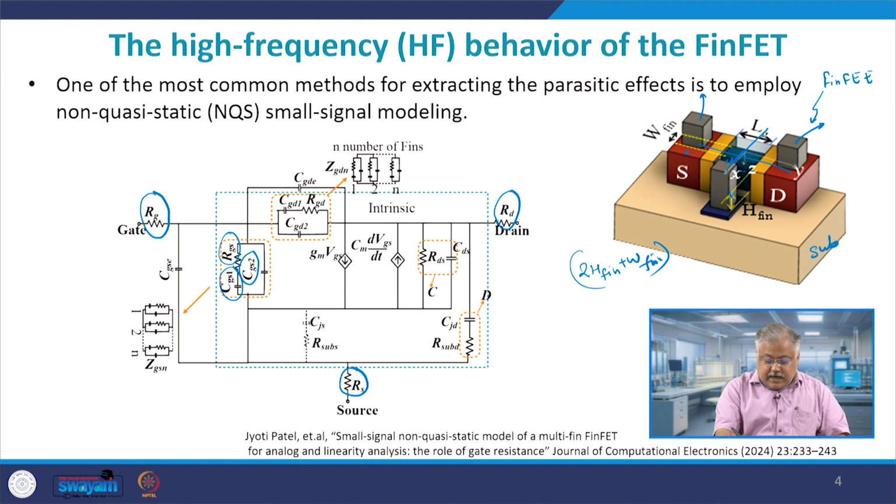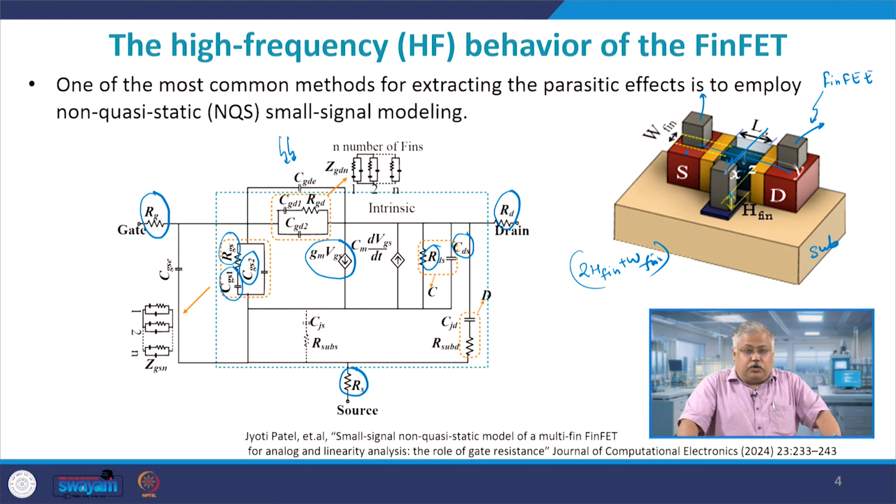Similarly, between drain and source, you will have a drain to source resistance which will be parallel to the capacitance between source and drain. Now this GM times VGS is nothing but the current flowing through the fin. GM is del ID del VGS. So when you multiply that with VGS, you get the current available at that particular point, and these are the multi fin structure's equivalent gate to drain capacitance and gate to drain resistances.